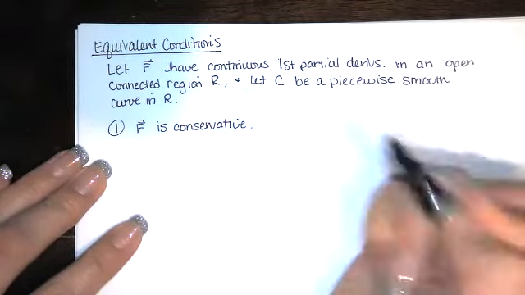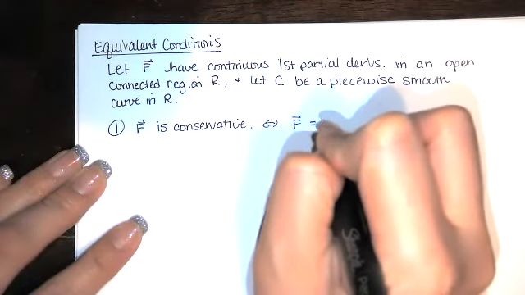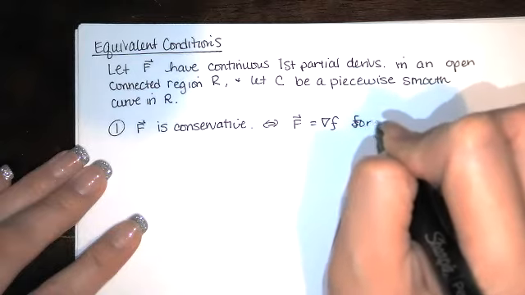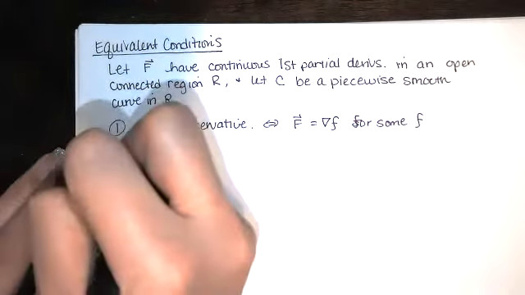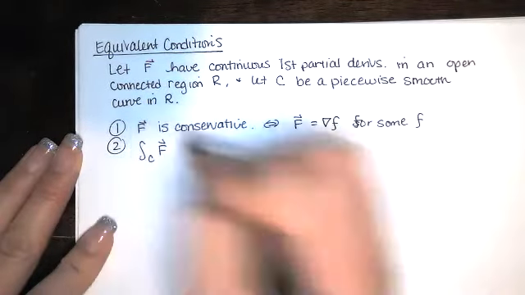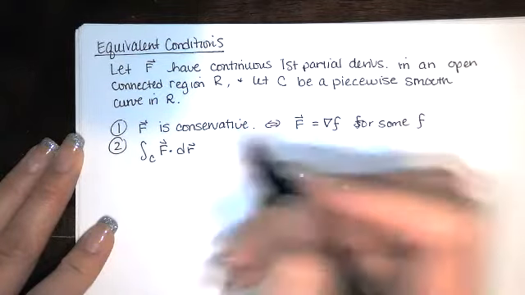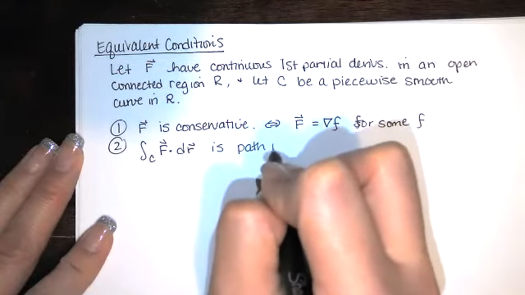So here's one condition. F is conservative, which means that F is the gradient of some function little f. If F is conservative, that means the line integral over C is path independent, or independent of path.